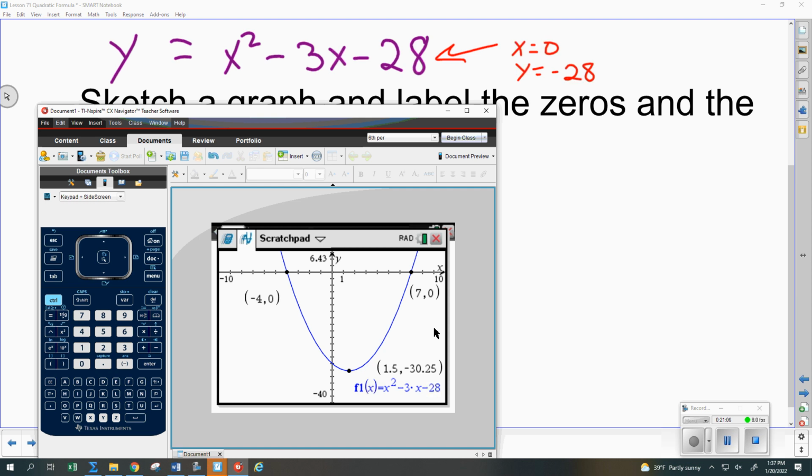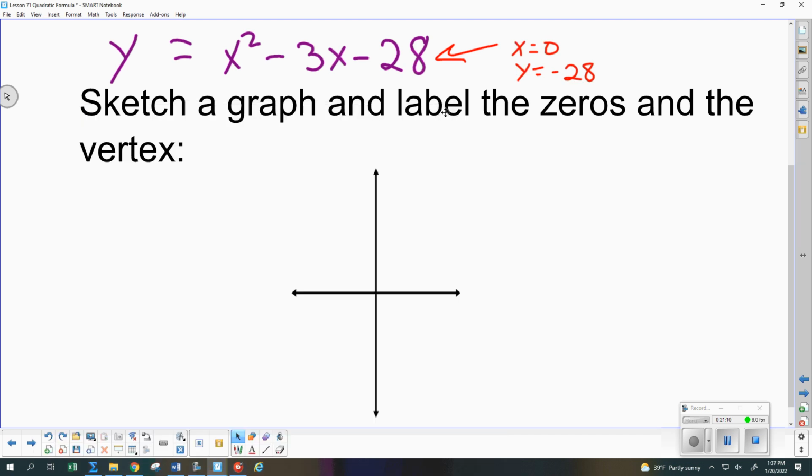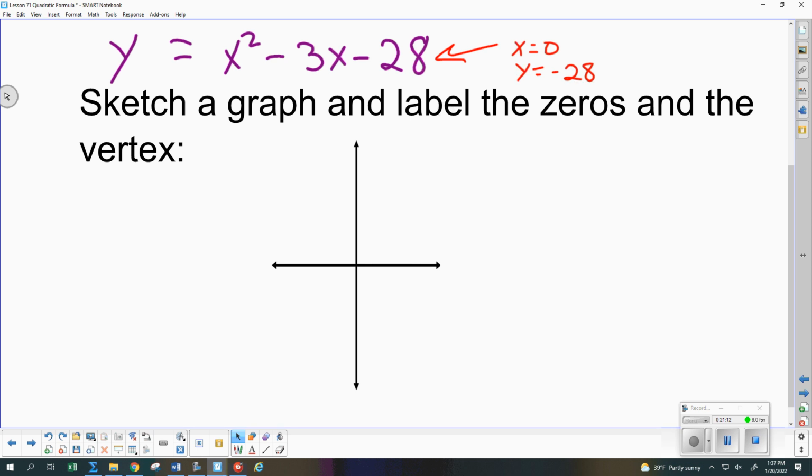So to finish our sketch here, we're going to draw it so that it comes down here with a vertex in the fourth quadrant. This was -4, right? Am I remembering the numbers right? This was 7. We said this was -28.